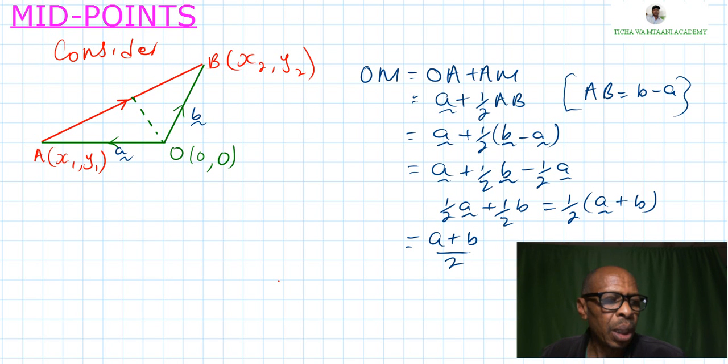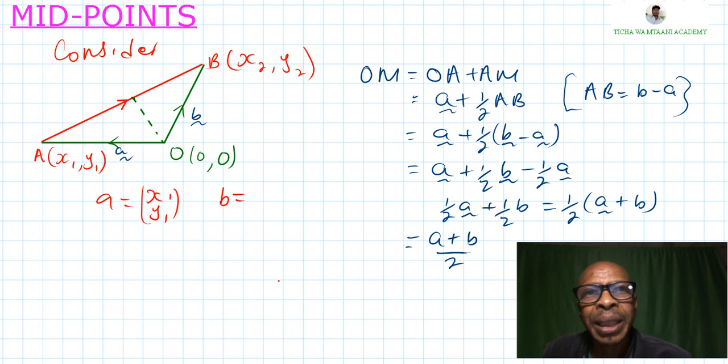Now, we have A equal to x1, y1, and B, using the coordinates, equal to x2, y2.